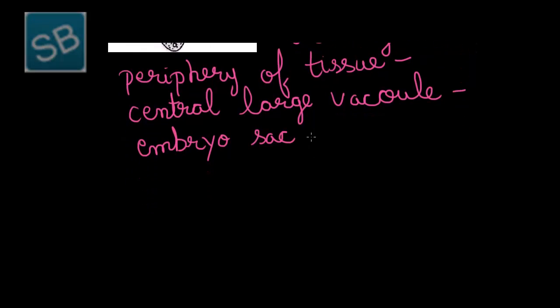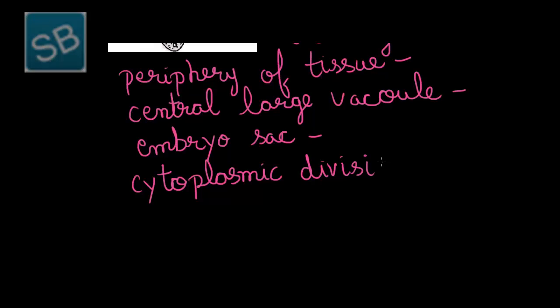Following it, the cytoplasmic division occurs. Due to this cytoplasmic division, the nuclei that are arranged on the periphery start dividing.